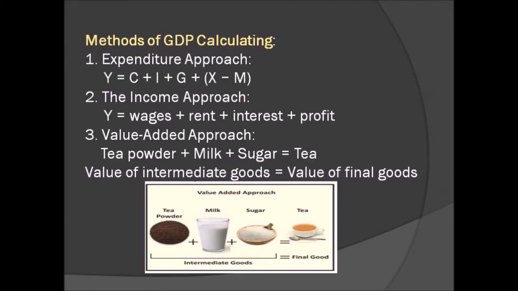In this value added approach method, the market value of the cup of tea is obtained by adding the values of each intermediate good. That is, the value of intermediate goods like tea powder plus milk plus sugar gives the value of the final good, that is the tea.